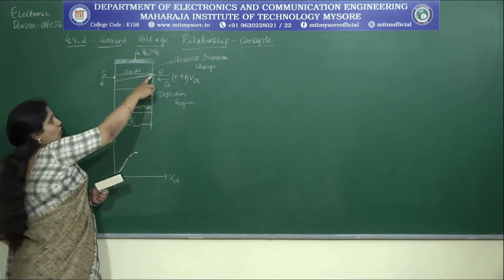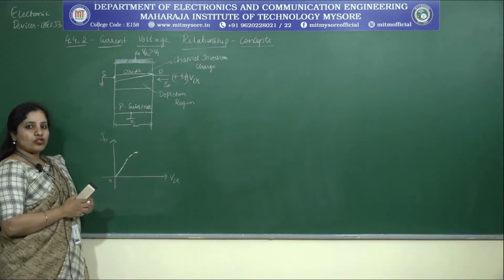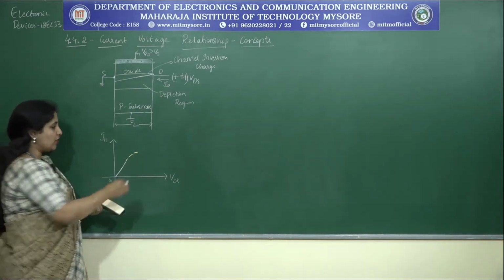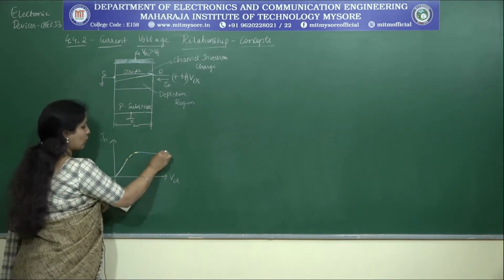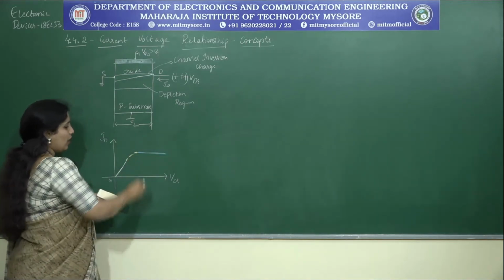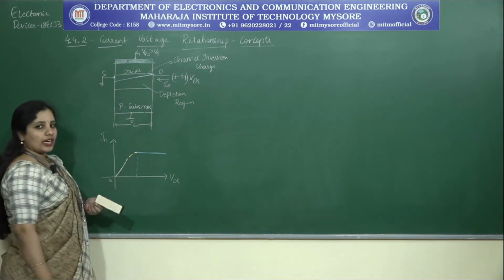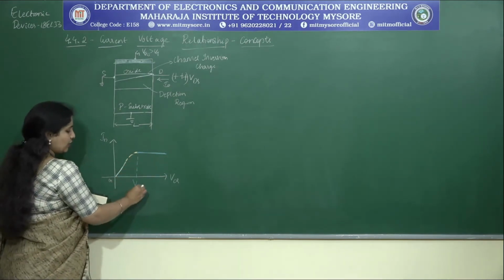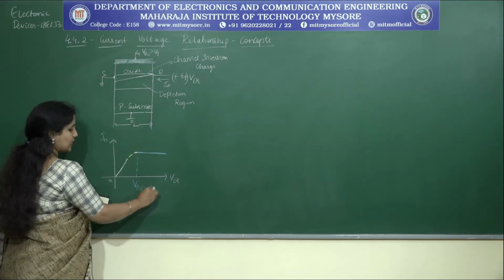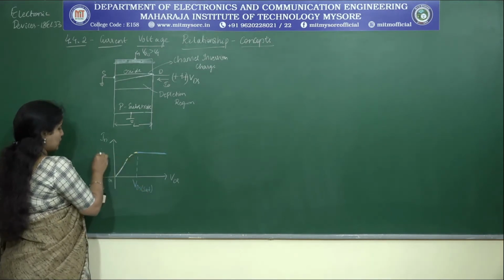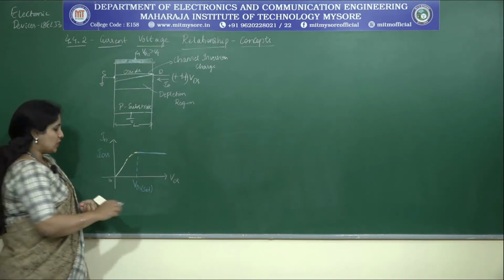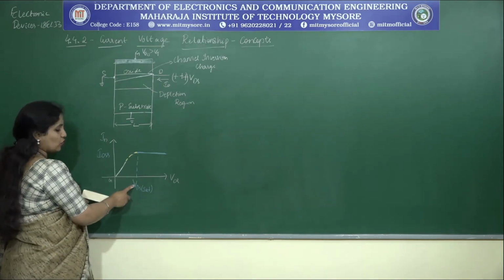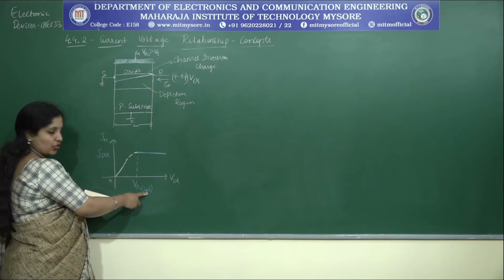Now, when this pinch off occurs, what happens to the current flowing across the device? The current flowing across the device becomes constant, and the point after which the current becomes constant is referred to as VDS-SAT, the drain to source saturation voltage, and the current observed is referred to as IDSS.